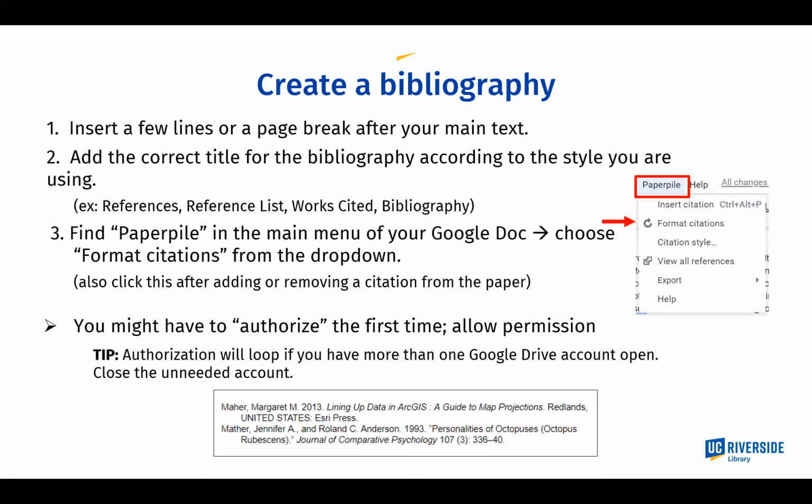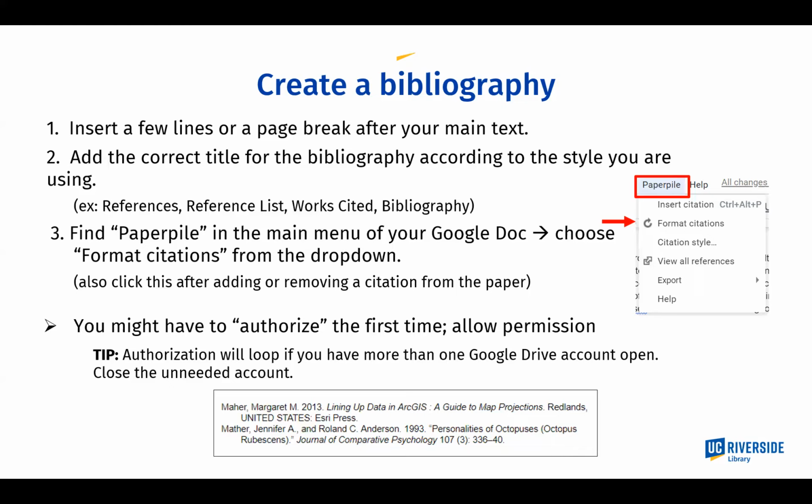So the first time you do this, you might get a message about authorizing. It just allows it to do this function. It gives them permission to do this. And this tip that I learned the hard way is that if you have more than one Google Drive account open at the time you're trying this, the thing is just going to loop.